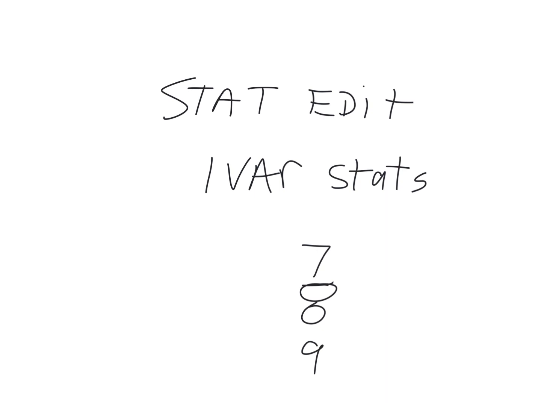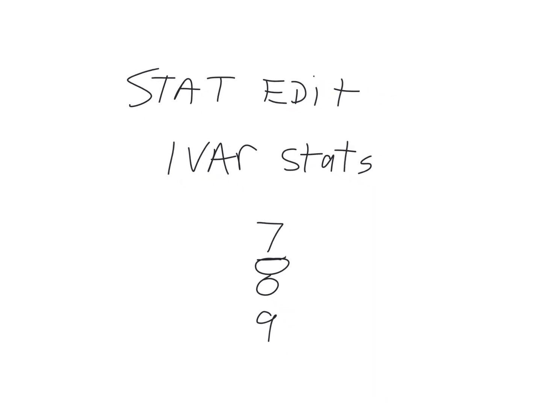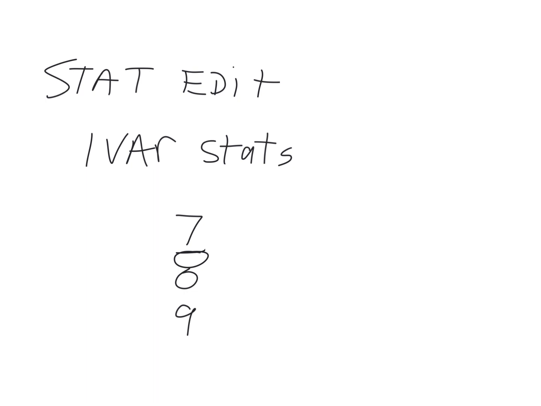Find the average, the mean, the median, the Q1, the Q3. It's under stat, edit, put in literally 7, 8, and 9. And then just do stat, calculate, one var stats.